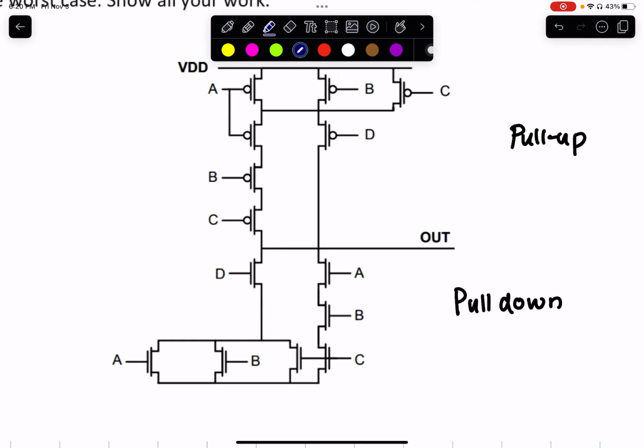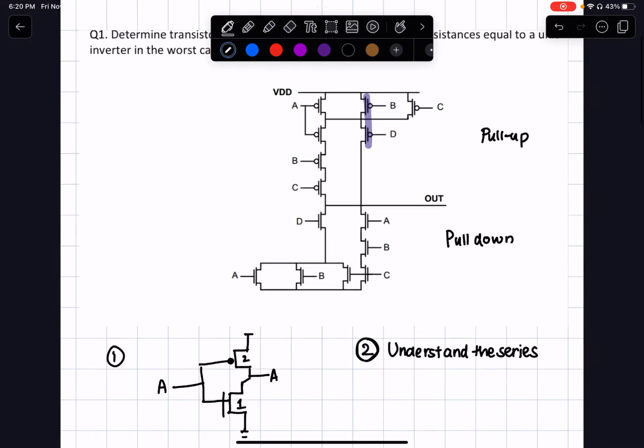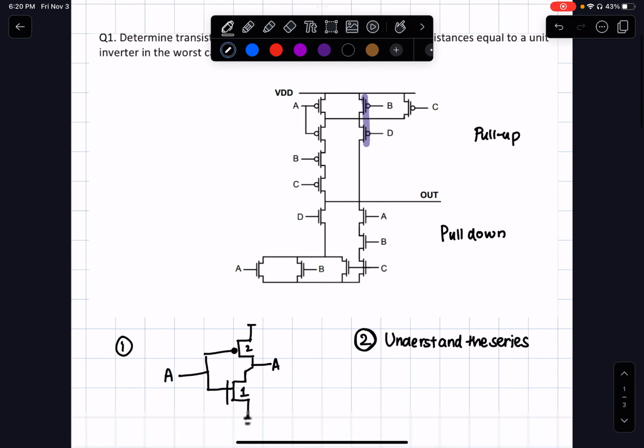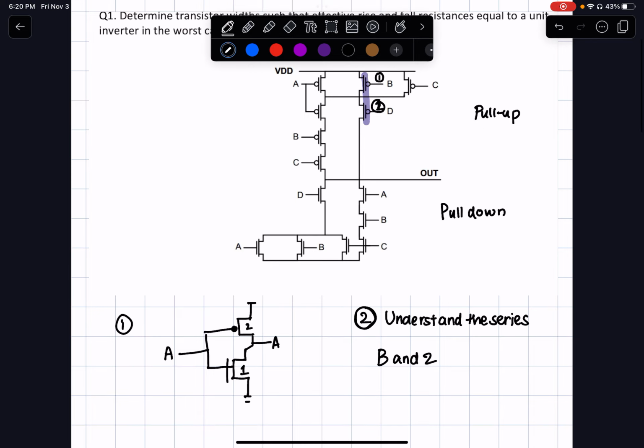For the pull-up network, I'm going to highlight which of them are in series. As you can see on screen, B and D, they are in series, right? How many transistors are there in B and D? B has 1 transistor and D has 1 transistor. So the total is 2 transistors in series.